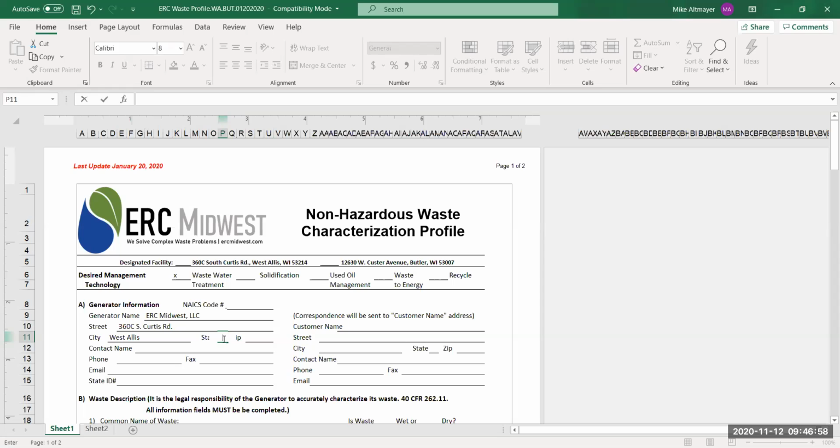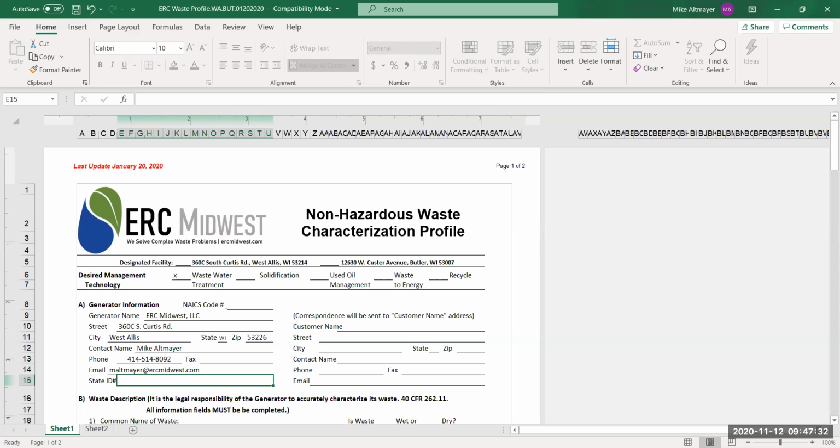So all the way down to the zip code. Contact name, I'll just put my own name. Phone number. You get the idea. I'm just going through all these steps so that you understand the importance of being thorough.